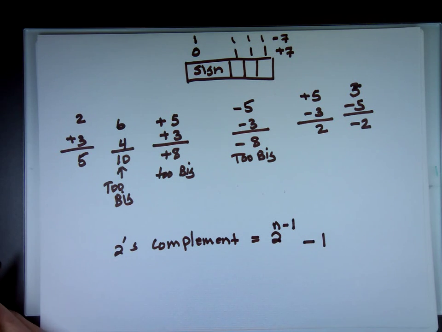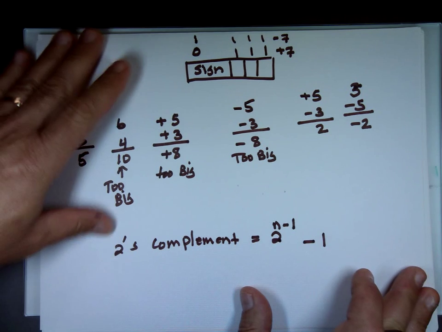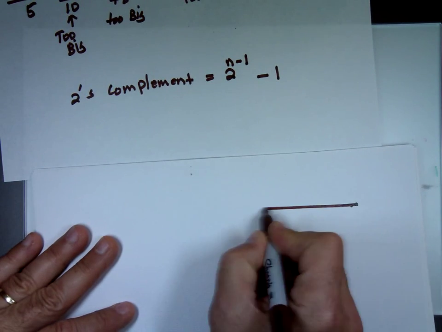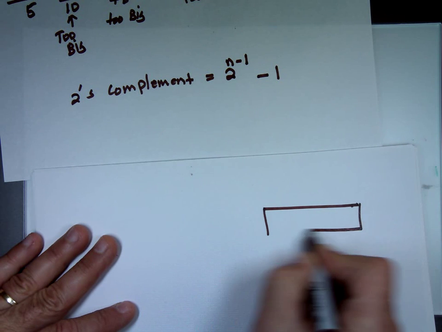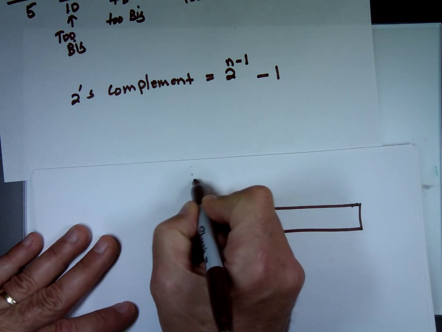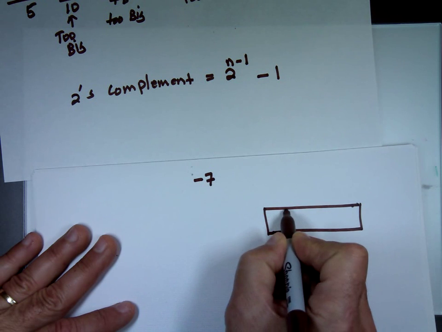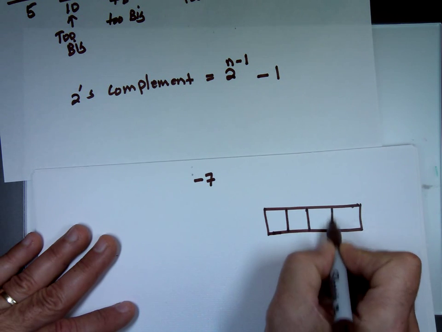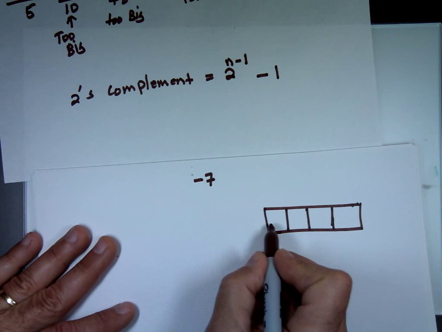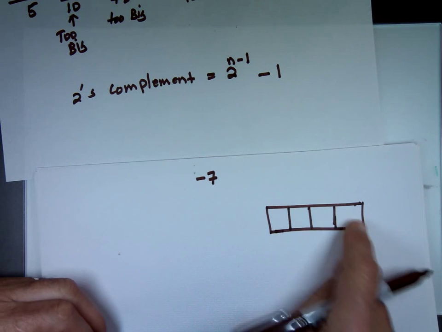If I have a 4-bit machine, 4-bit, I'm not using sign here. I got 4-bit, and I want to write the number 7 or negative 7. I'm not using that for a sign anymore. I want to write the number 7. I got a 4-bit machine.